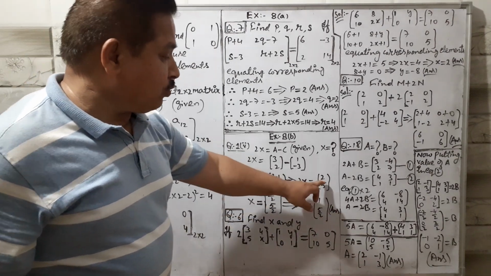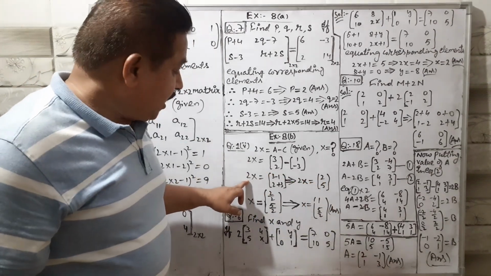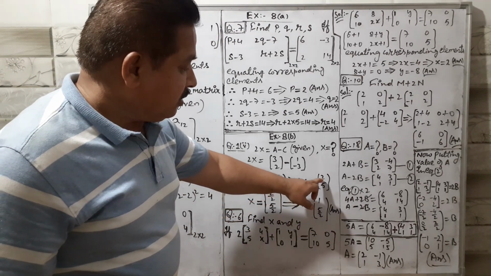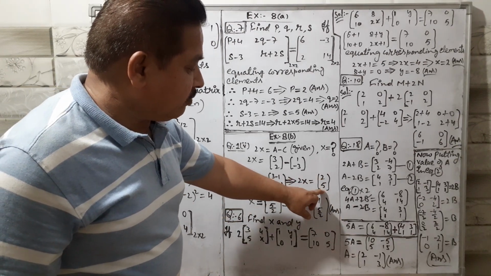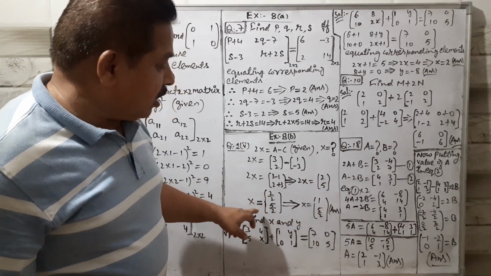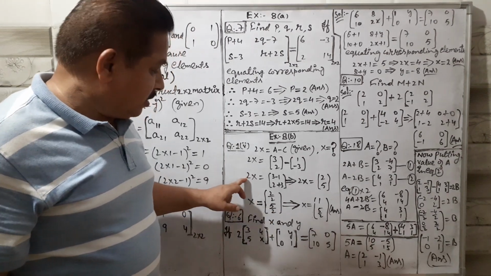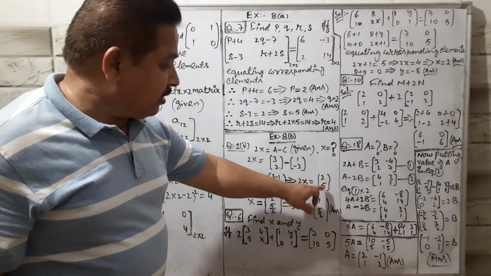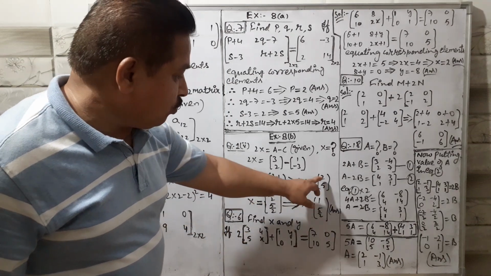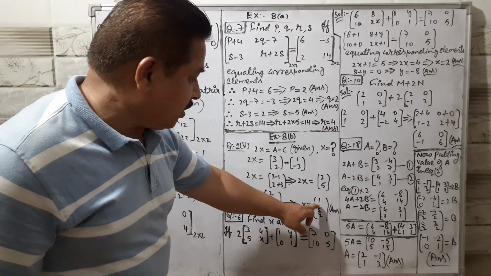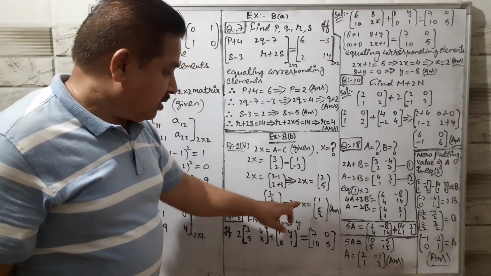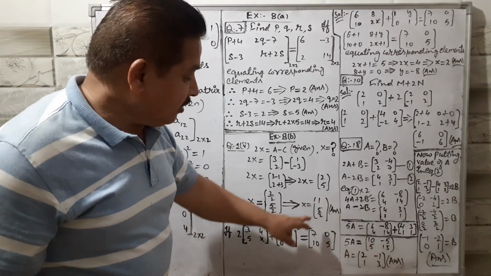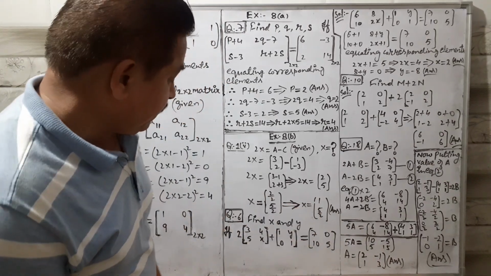So 2x is equal to 2, 5. Remove this 2 by taking this 2 under every element, under this 2 and this 5. So what is coming? 2 by 2 will come 1, 5 by 2. So what is the answer? 1 and 5 by 2.